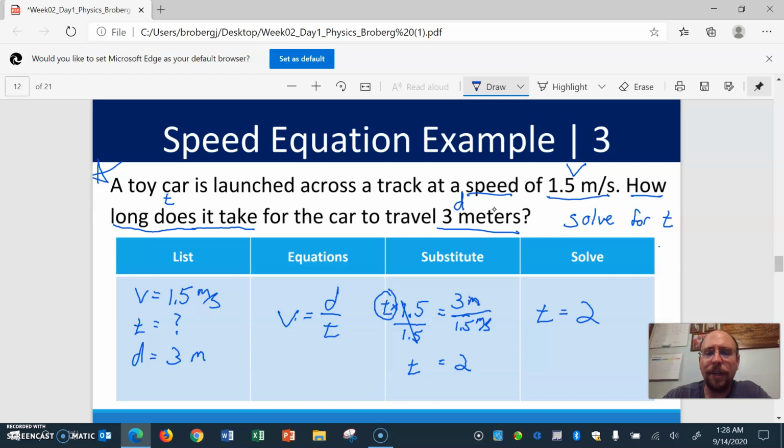Well, I have meters on top, meters on bottom. Those two things actually cancel each other out. And now I'm left with dividing by seconds. It's really just seconds. So when I get my answer, it's 2 and it's seconds.